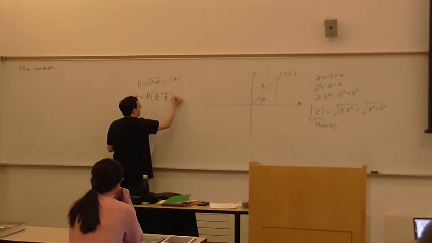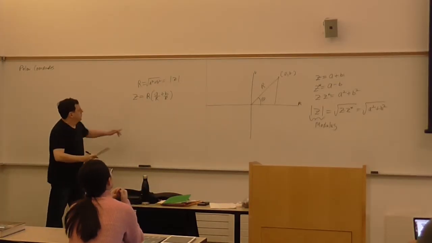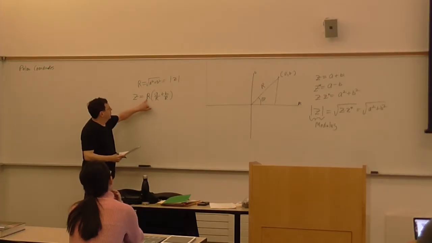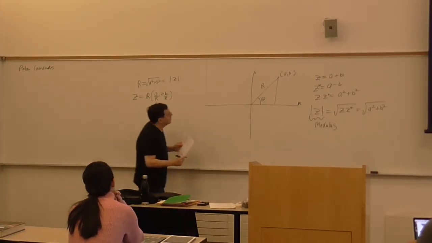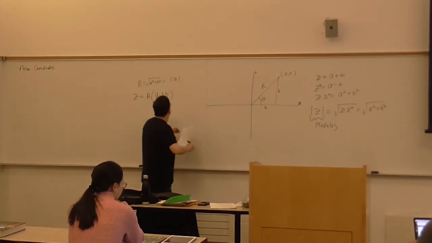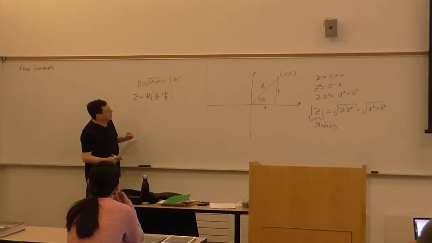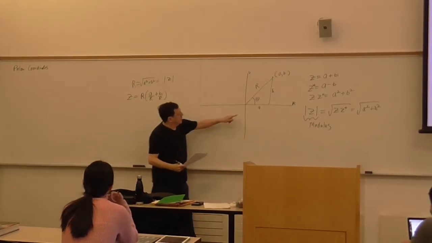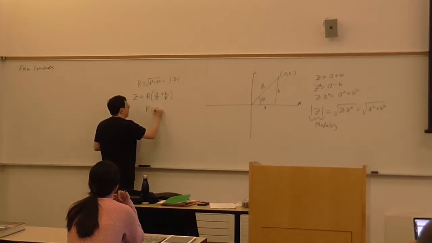Well, I can do that by multiplying by r and dividing by r. And now if I look at this, and I look at my diagram, I can see that a over r, that's the cosine of theta.